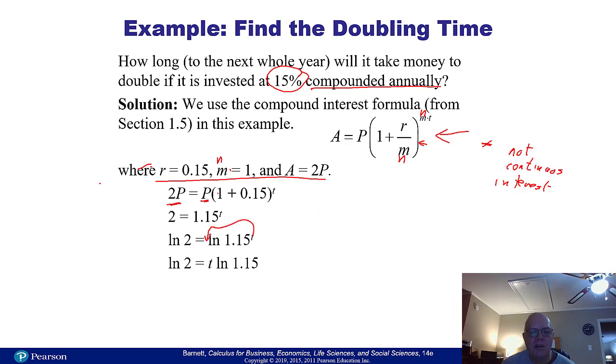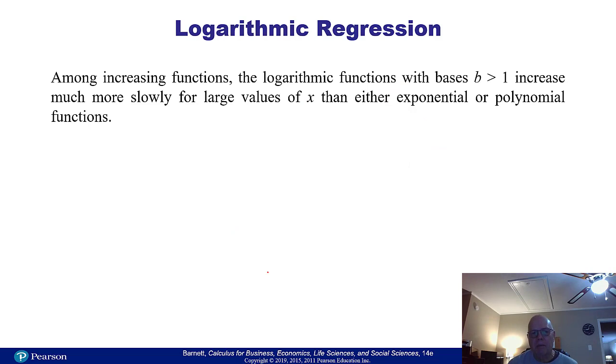It's one of the properties of logarithms. So all I have to do is divide both sides by that and then put it in my calculator the correct way, and I'll get how long it takes any amount to go from whatever it is to double the amount.